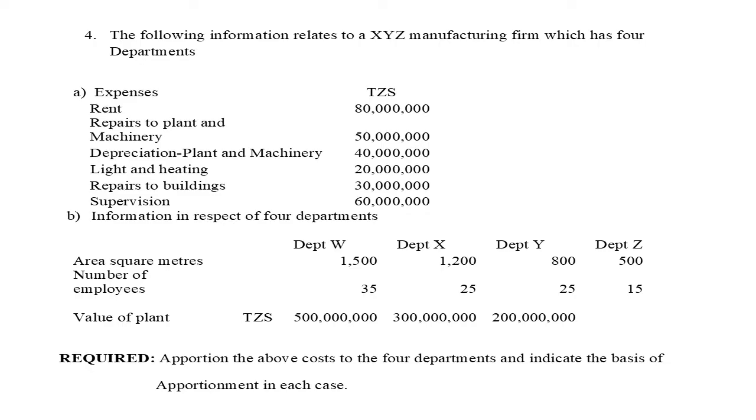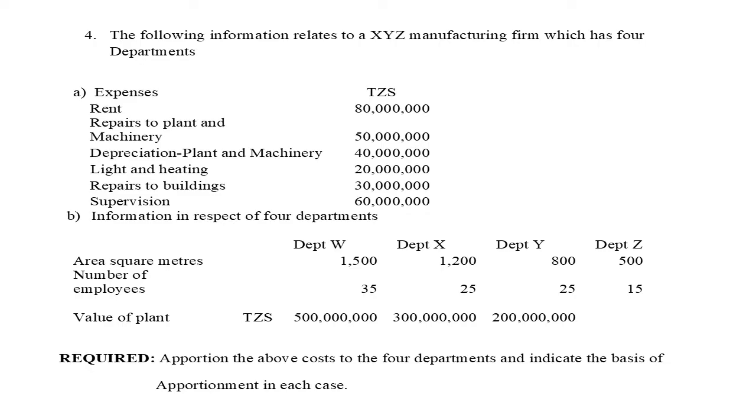This organization XYZ, a manufacturing firm, has 4 departments, and the expenses incurred are rent 80 million, repair to plant and machinery 50 million, depreciation of plant and machinery 40 million, light and heating 20 million, repair to building 30 million, supervision 60 million.